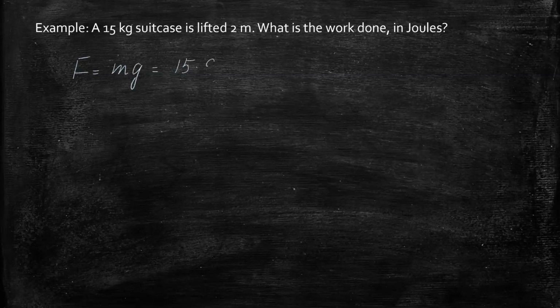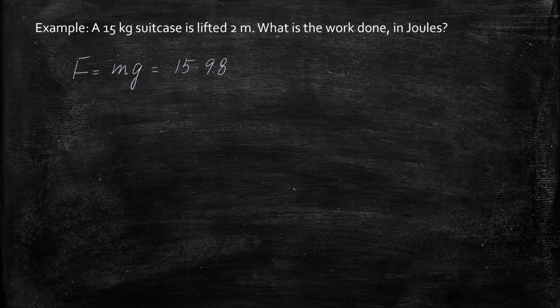The gravitational constant g is 9.8 meters per second squared. So this is the force. I don't have a calculator with me, but if we multiply 15 by 9.8, I guess we can do it later.